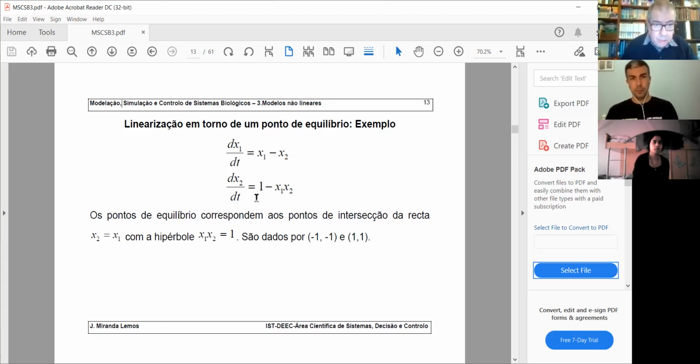So you go to the second equation, which is 1 minus x1 x2 equal to 0, and you replace x2 by x1. So you have 1 minus x1 squared equal to 0. So x1 is either minus 1 or plus 1. So you have 2 points: minus 1, minus 1, and 1, 1.